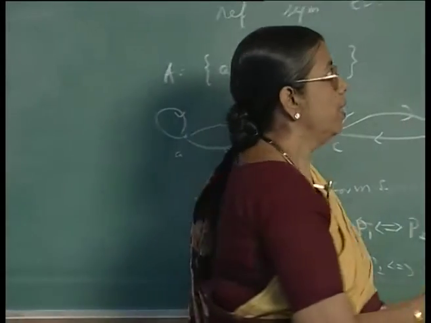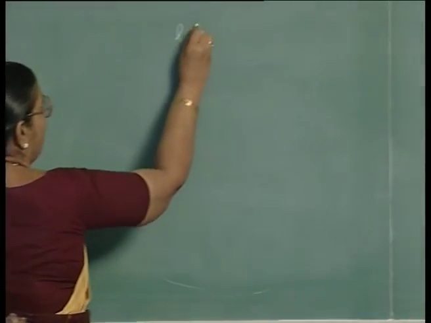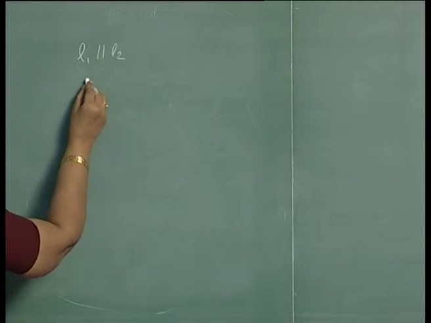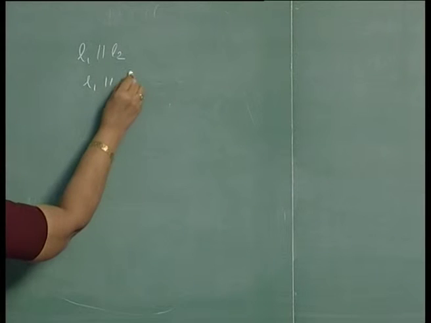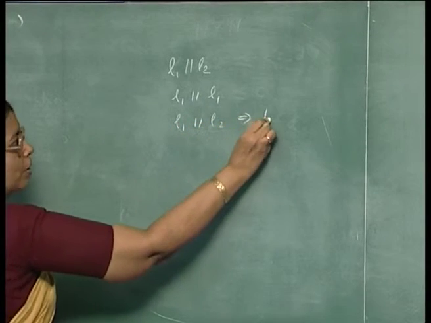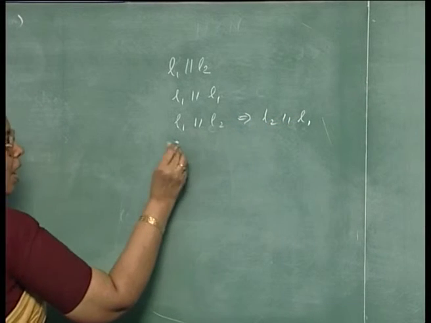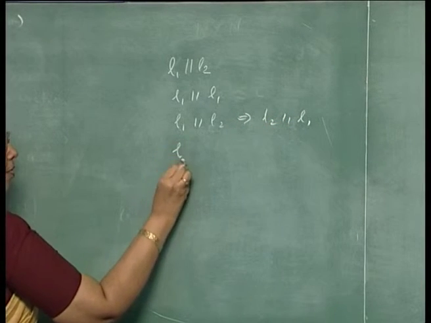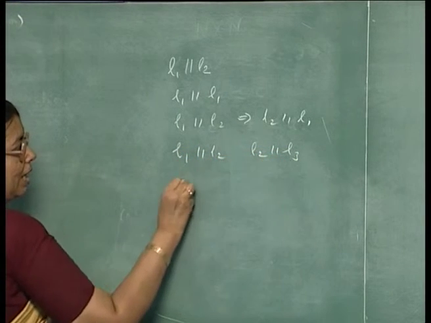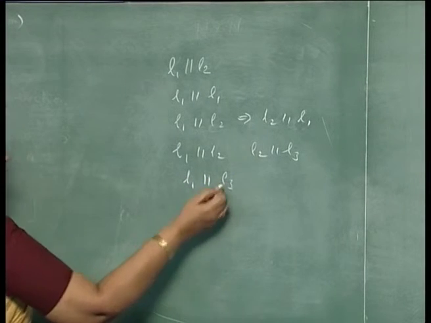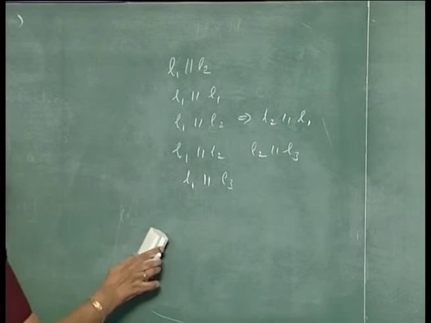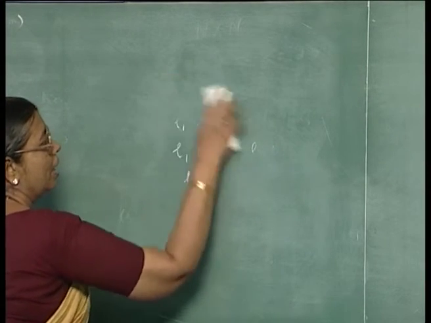If you have a line L1, if L1 is parallel to L2, they are considered equivalent. In that case, you see that L1 is parallel to itself. L1 is parallel to L2 would mean L2 is parallel to L1, and if L1 is parallel to L2 and L2 is parallel to L3, L1 will be parallel to L3. So, transitive property also will hold. So, this is another example of an equivalence relation.